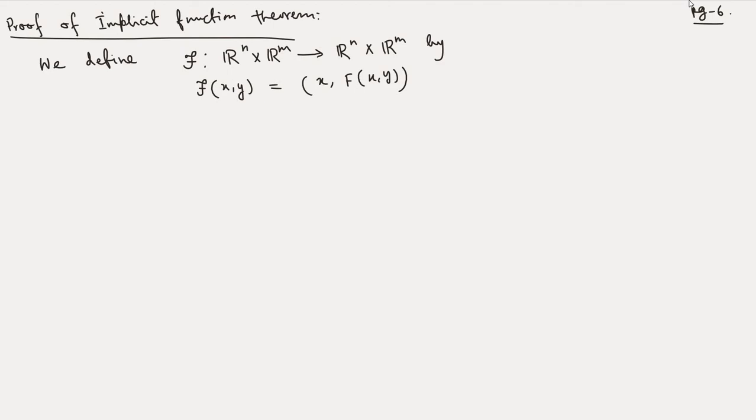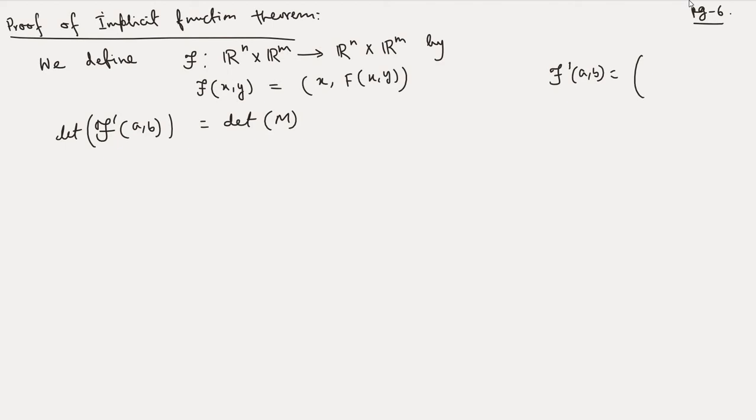Okay, and then script f prime of (a, b) is invertible, because its determinant is equal to the determinant of M. Basically this is the Jacobian matrix of script f prime at (a, b).